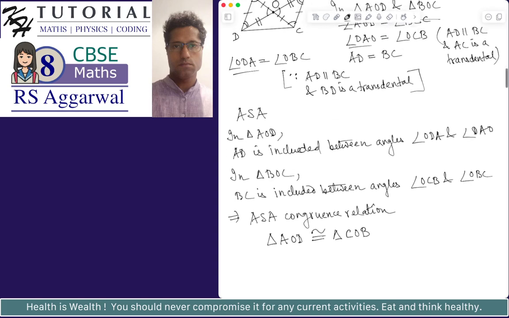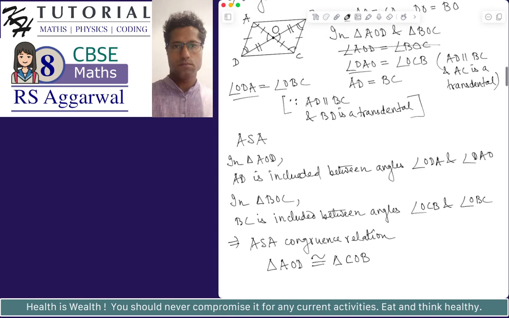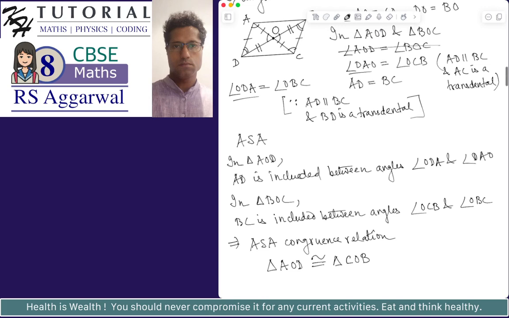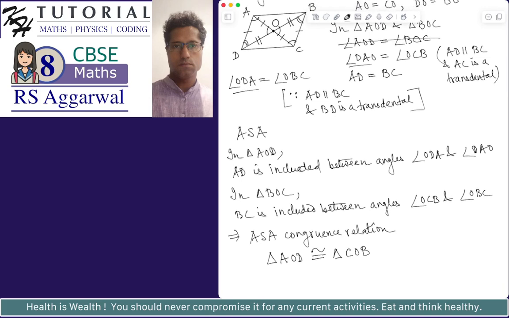Okay. So from this congruence relation between the triangles AOD and COB, we can now say that, if you consider the first two letters of the left hand triangle, AO should be equal to CO, and also OD should be equal to OB.